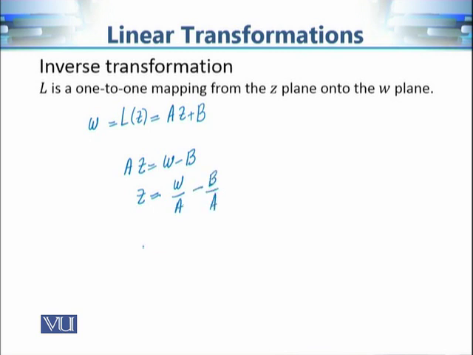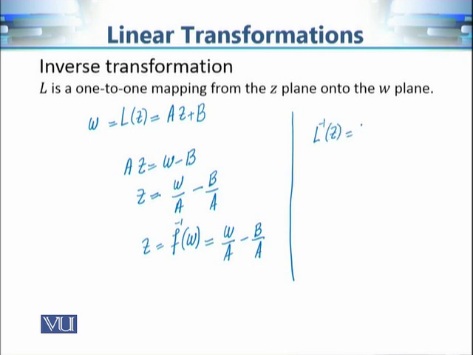This is in fact the inverse transformation, which is a function of w. If we choose to write z instead of w, then the inverse transformation becomes L inverse of z is equal to z over a minus b over a.